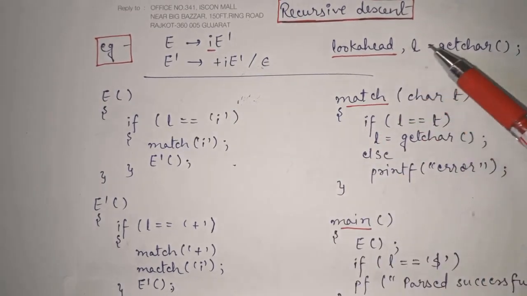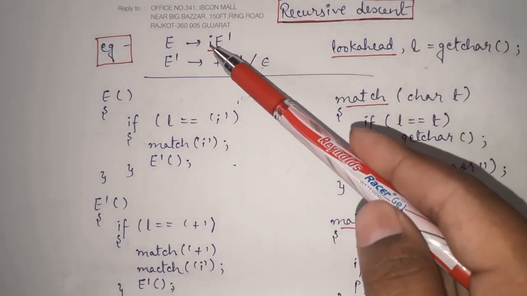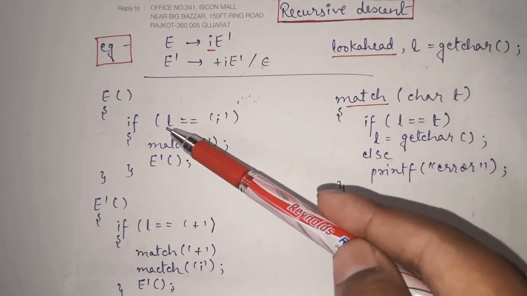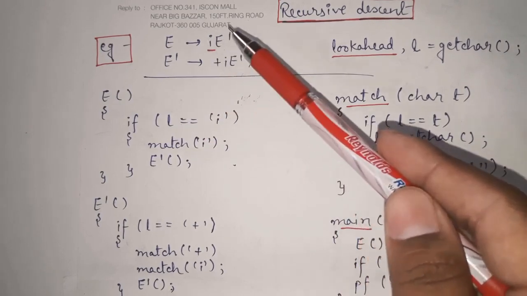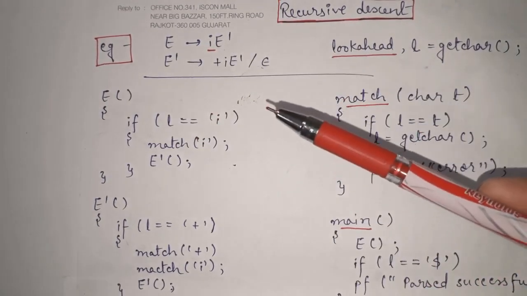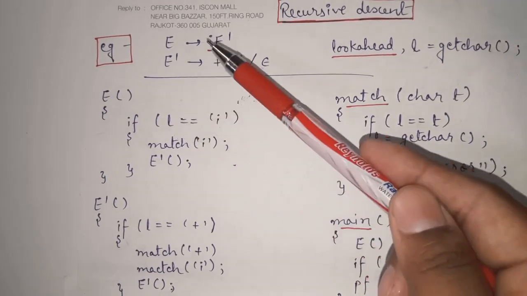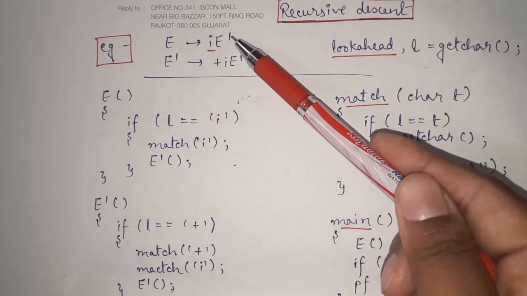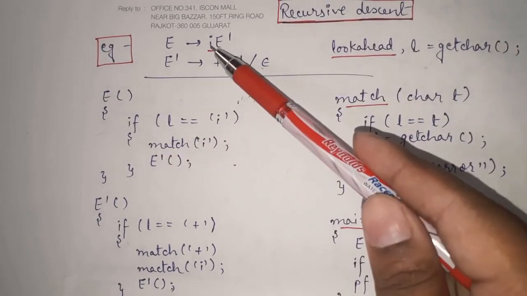Look ahead is nothing but get character, taking the character one by one. And whenever we have a variable, we will just call that variable. These are the two simple rules: whenever there is a terminal, we match it with the look ahead, and whenever there is a variable, we call the function of that variable.